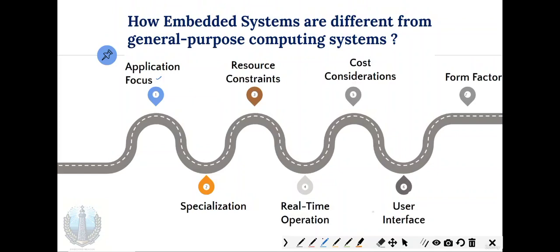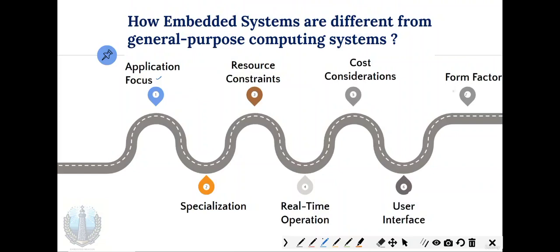Then most of the time it will have a user interface, because as a user you need to know what settings you make. It should have some input, it should have some control. So most of the time it will have a minimalist user interface, and depending on its application, the form factor would come in different sizes.